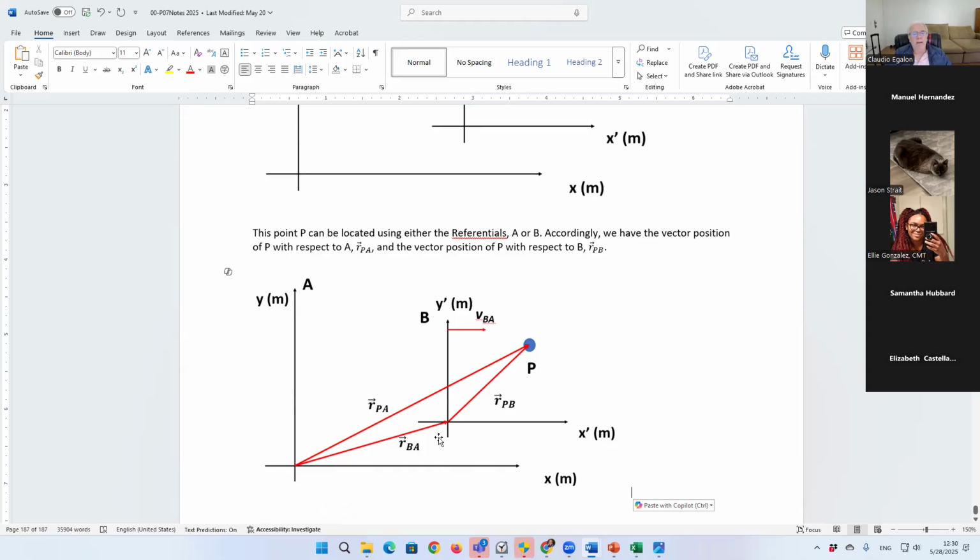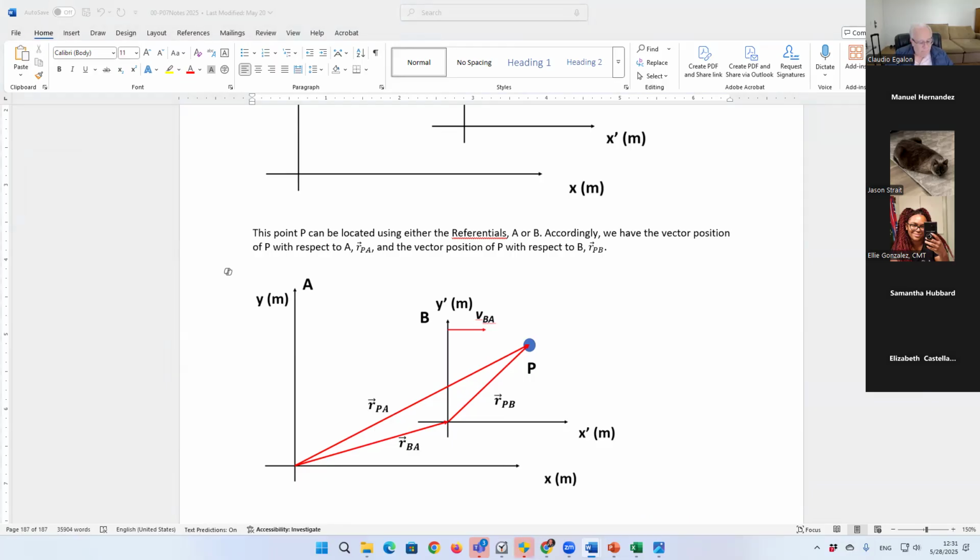Why am I doing that? There's a reason why I'm doing that. So watch out for the notation: position of P with respect to A, position of P with respect to B, and position of the origin of B with respect to A. Notice that all those three vectors form a triangle.